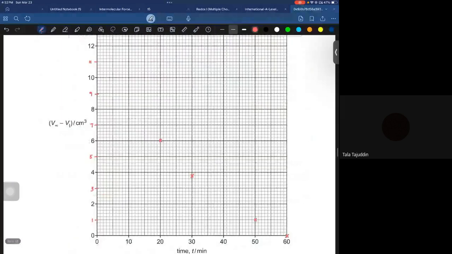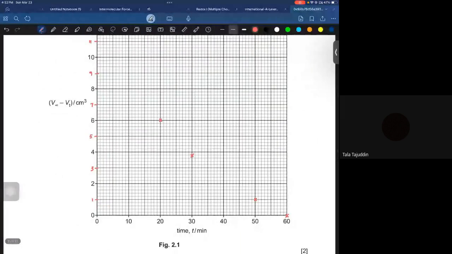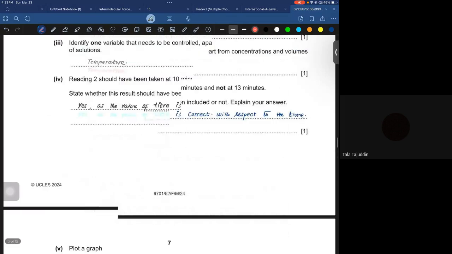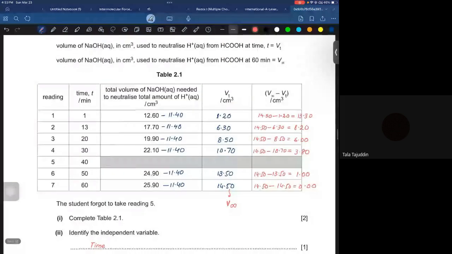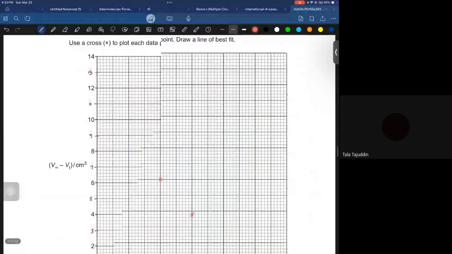At 13 minutes, this is 12, 15, 25, 35, 45, 55. At 13 minutes, the value is 8.2.